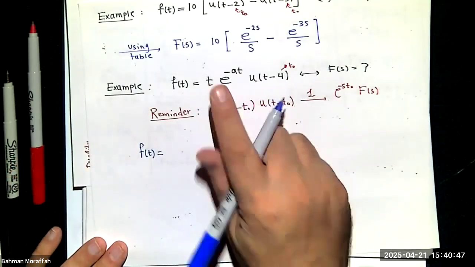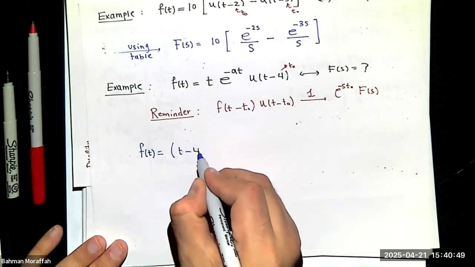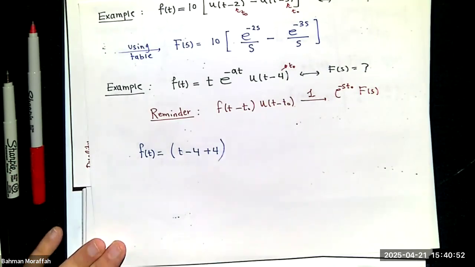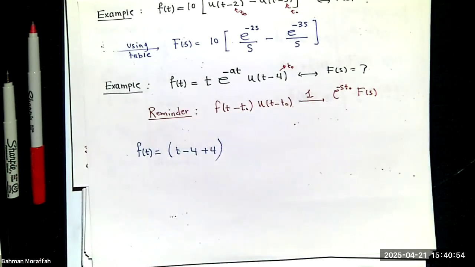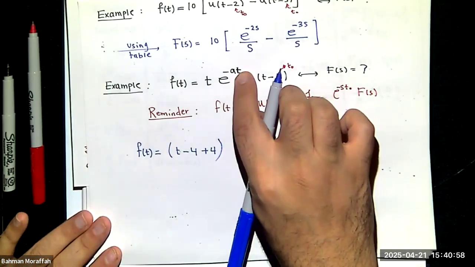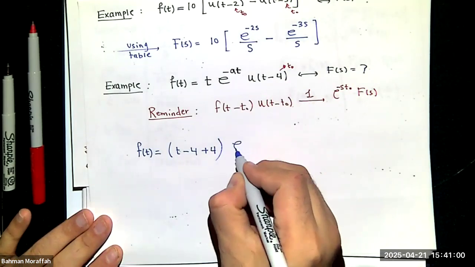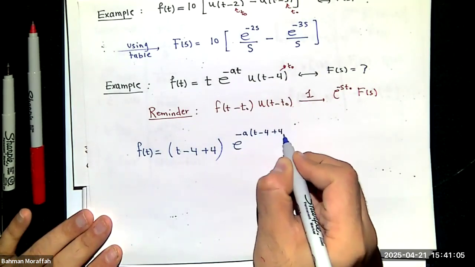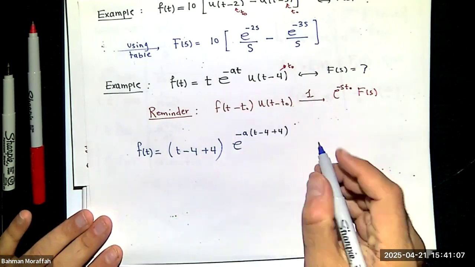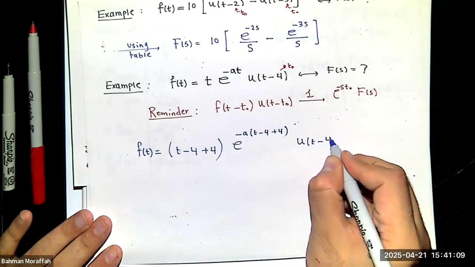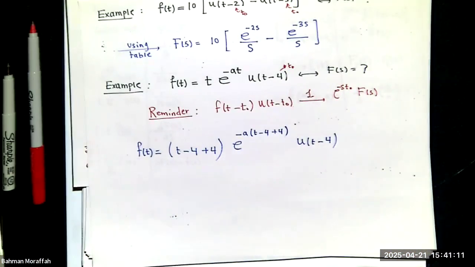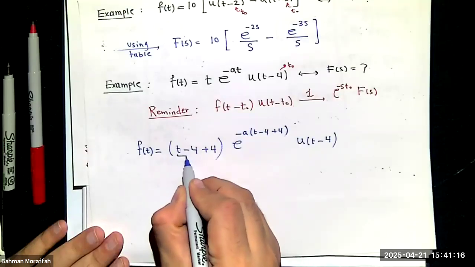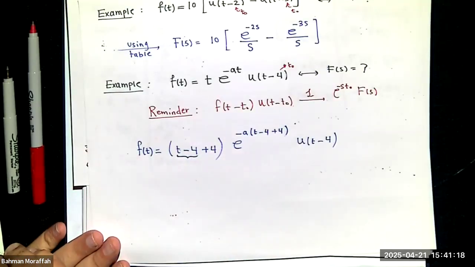How do I do this? Do you agree I can write this t as t minus 4 plus 4? I'm doing nothing. I'm adding and subtracting. I'm going to do the same thing for this t in the exponent. So I have e to the power of minus a, t minus 4 plus 4. I already have u of t minus 4. I don't have to do anything. Now I can write it in terms of all t minus 4s.